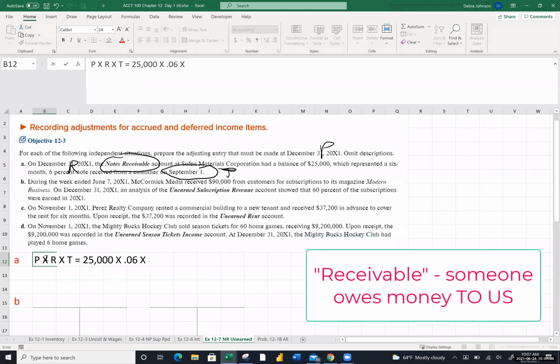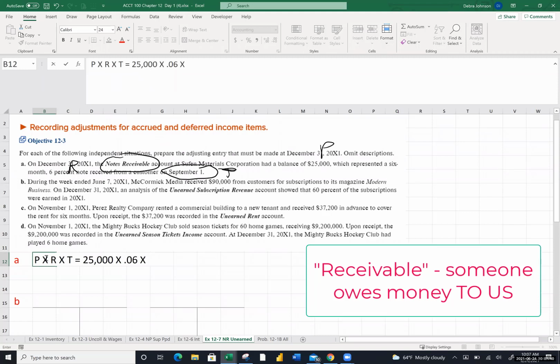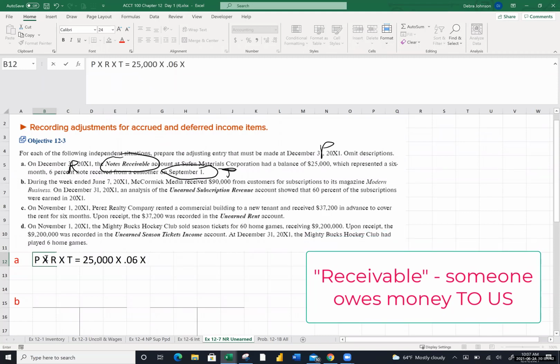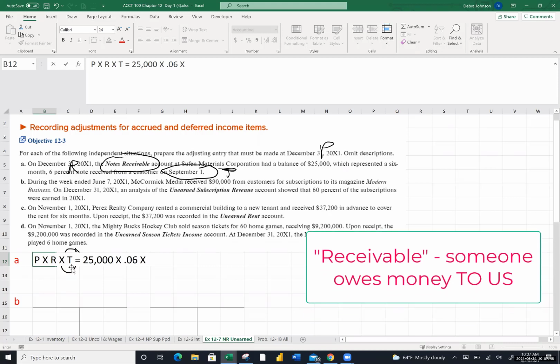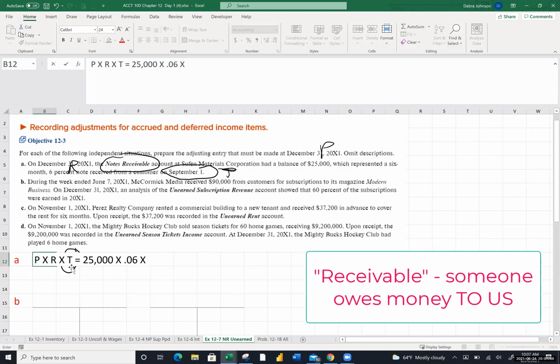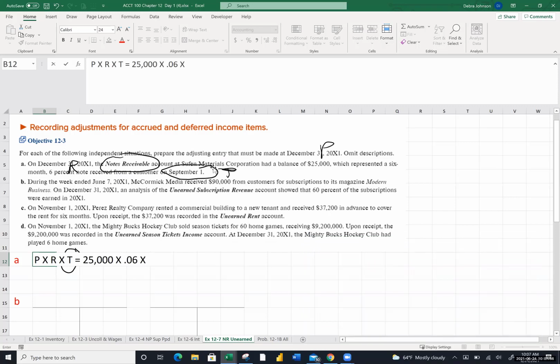And this goes back to Brandy's question. The hardest part of this is figuring out that time. I'm going to circle the T. The time is how much time has passed since the date you signed the note and the end of the fiscal year. Well, we signed this, I circled it here, on September 1st.